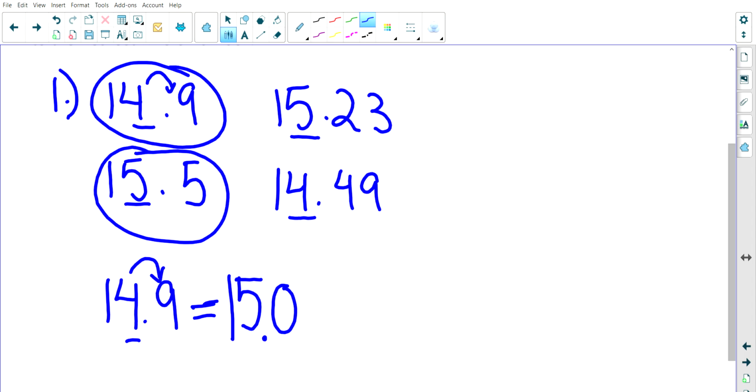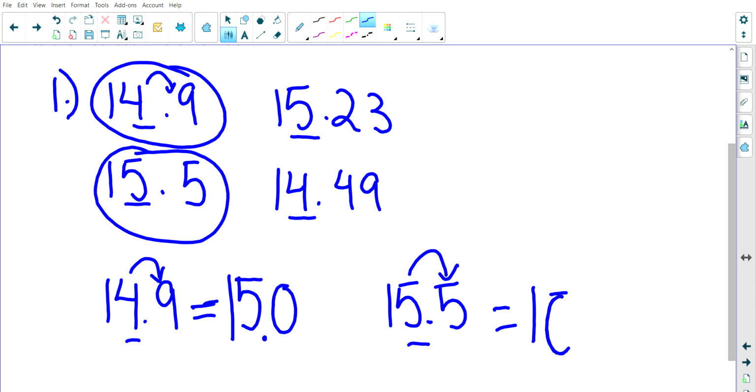Let's take a look at 15.5 now. Underline the whole number. Look to the right of the rounding digit. If it is 5 or more, our rounding digit soars. 4 or less, it will rest. I copy everything before the rounding digit, which is just a 1. My rounding digit this time is going to soar again because of that 5 to the right of it. So my rounding digit becomes a 6.